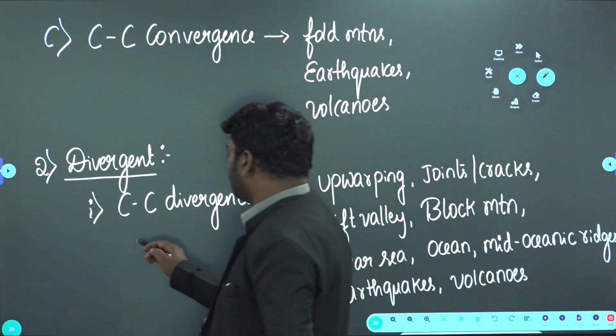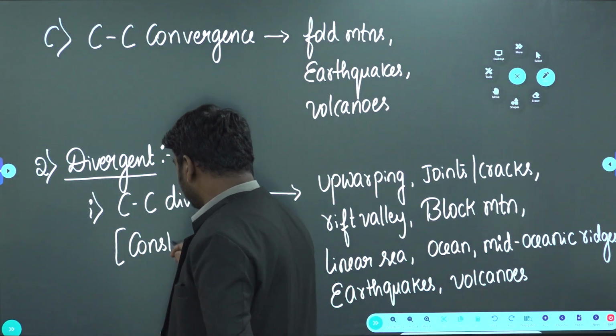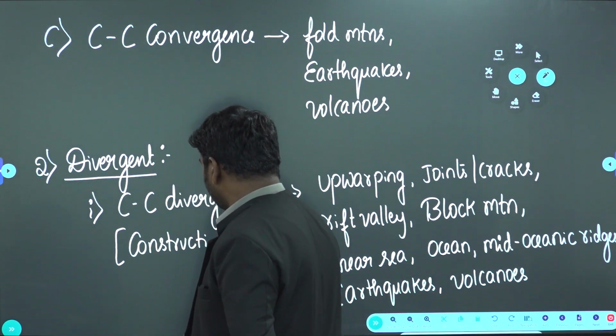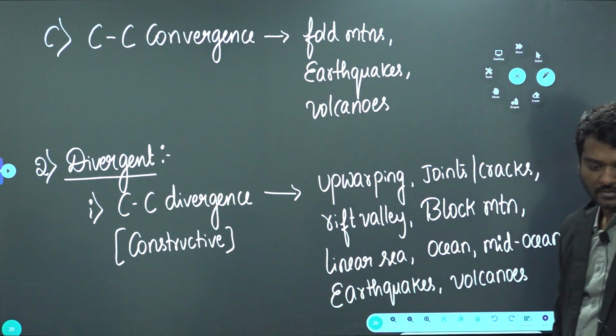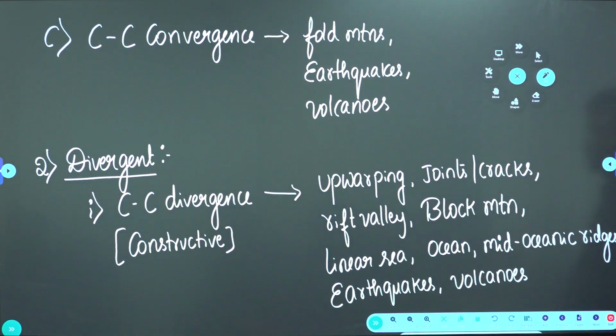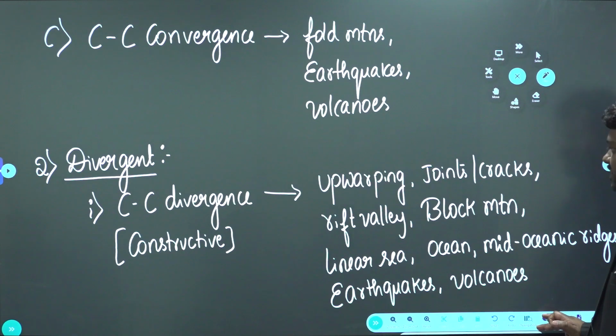What is divergent boundary called as? Constructive boundaries. Convergent is called as destructive boundaries.